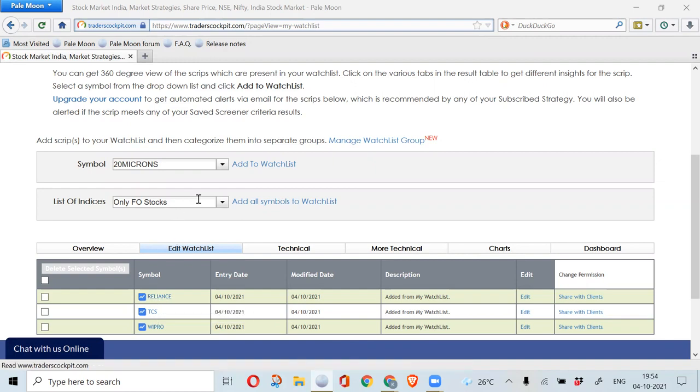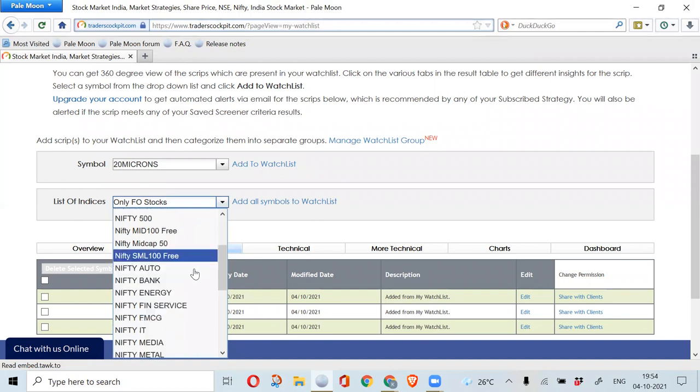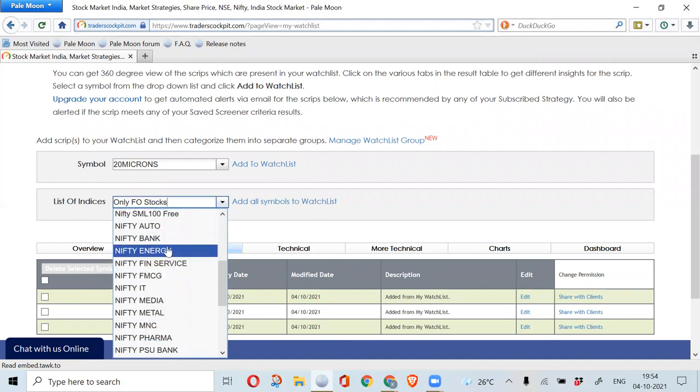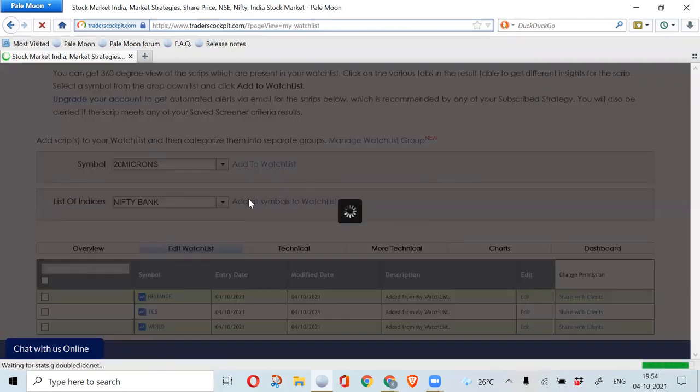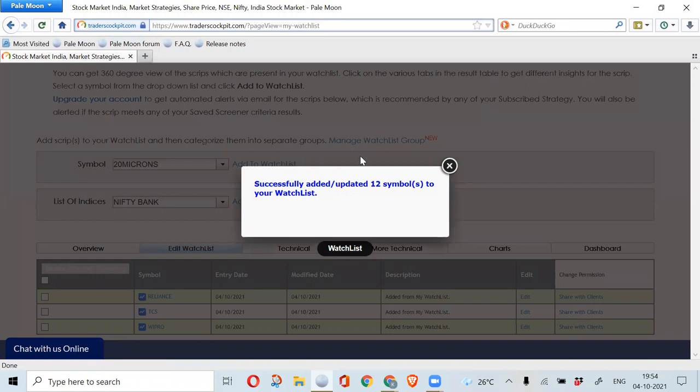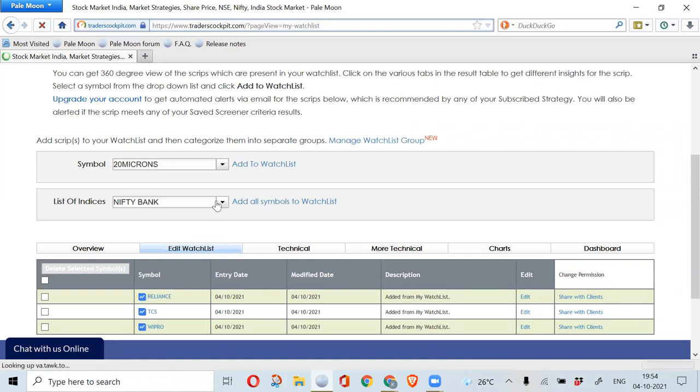As I showed you, you can go to my FO stocks and select a specific index like Nifty Bank, and then add all the symbols to watch list, which will add all the stocks available in Nifty Bank. See, updated 12 symbols. If you refresh this page, you can see the list of Bank Nifty stocks added to your watch list completely.